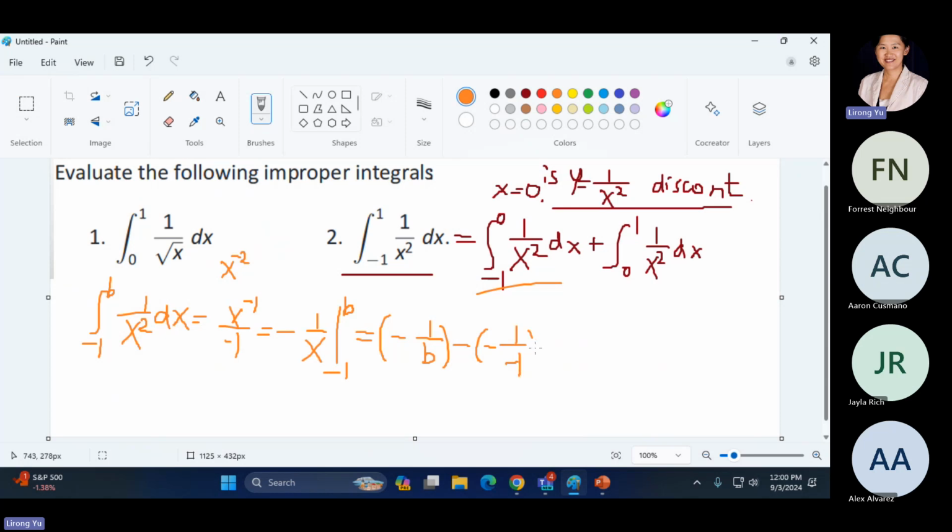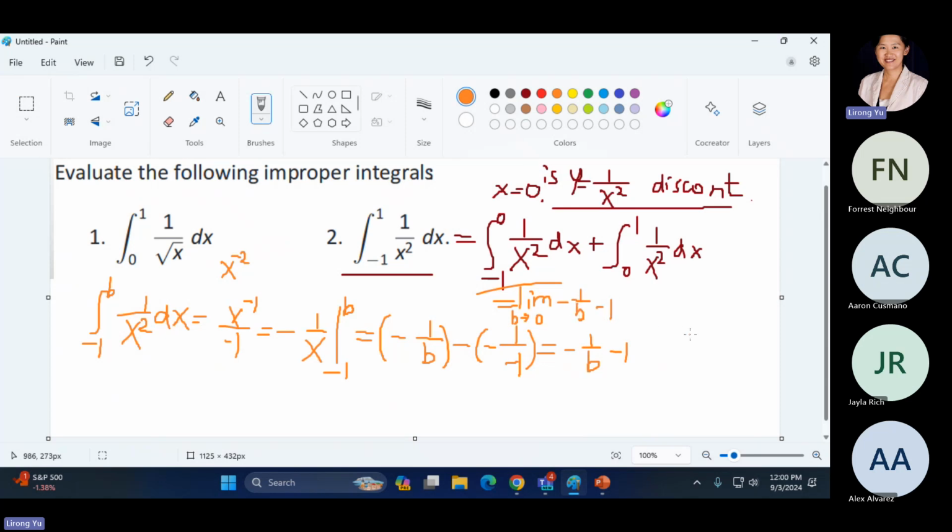It's negative, it's the lower limit. Negatives cancel. This is -1 over b plus -1. Actually, there's 3 negatives here, so still negative.